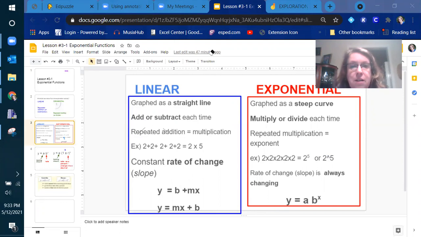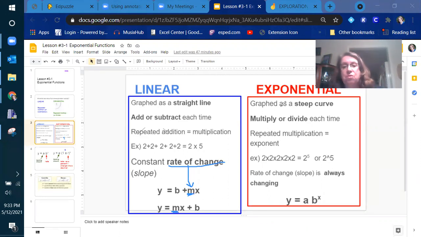And that is the M. The rate of change is the coefficient of X. So the rate of change is here on this one and here on this one. And so it's the same number. And it's the same amount. And the B is the starting amount or the y-intercept. So on this one, B is the y-intercept or the starting amount.